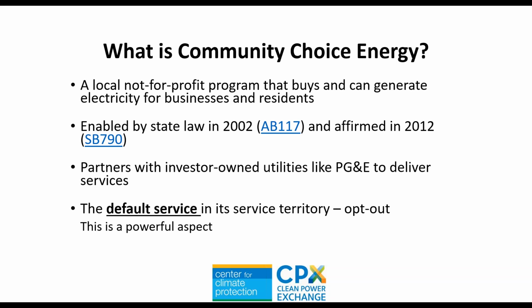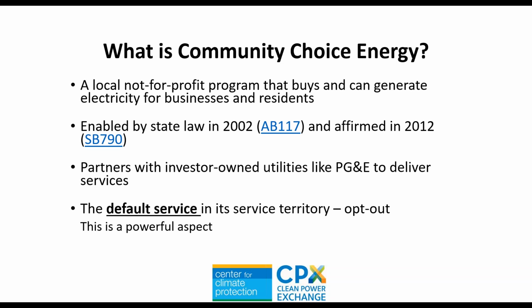But the three main IOUs in California continue to manage the delivery. They also continue to do the metering and the billing. And the community choice agency is solely responsible for the procurement side, the generation side of the equation. Powerfully, community choice is the default service in its territory. So when they launch, there's an automatic enrollment.